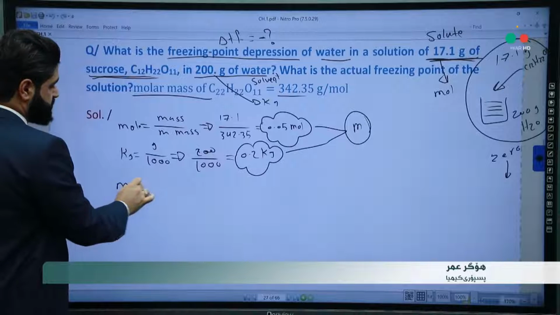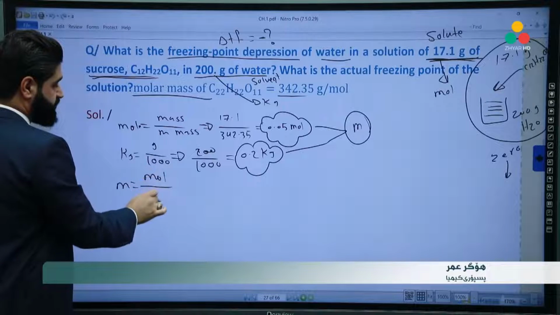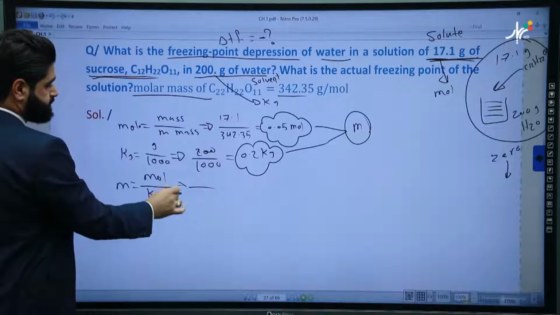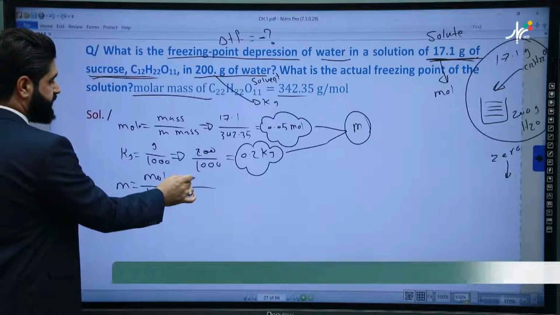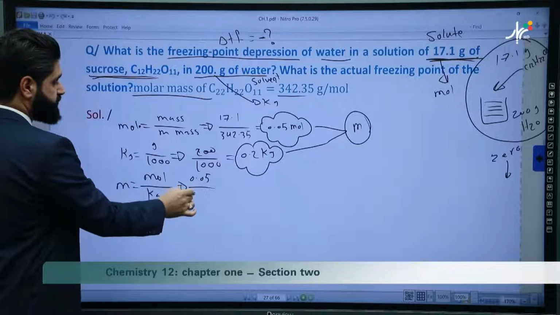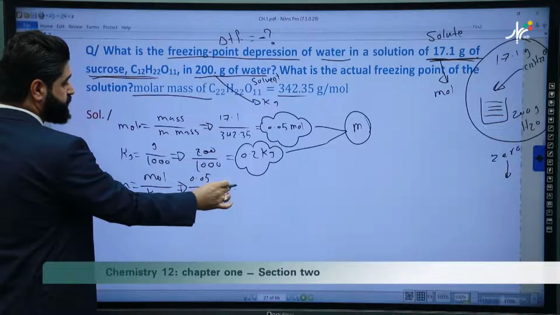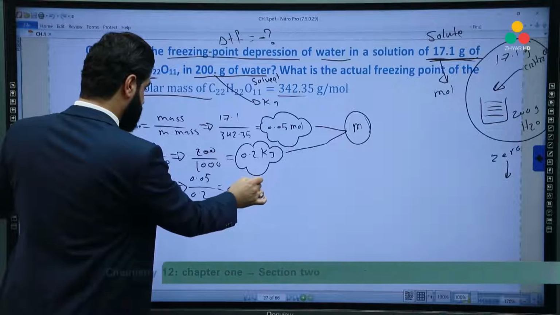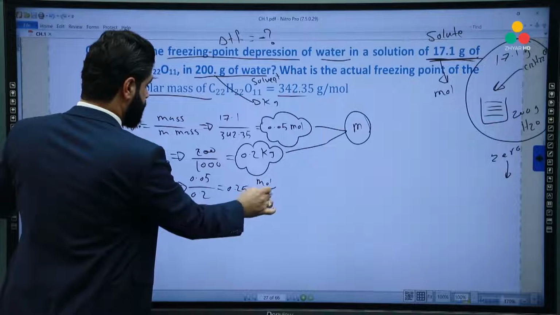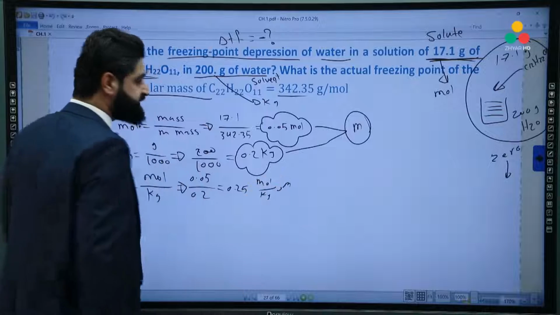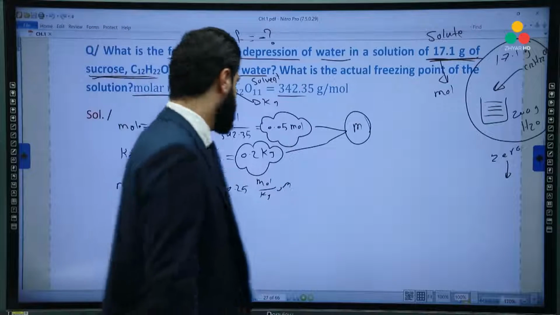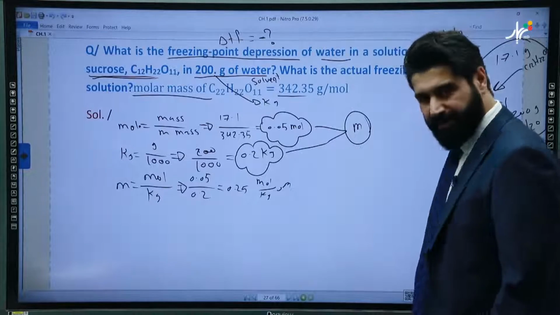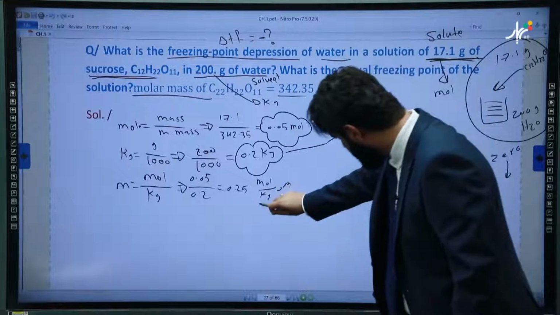Molality equals moles of solute per kilogram of solvent, which is 0.05 over 0.2 equals 0.25 mole per kilogram, or 0.25 m, a little m in italics. So far we haven't done anything except prepare the molality.